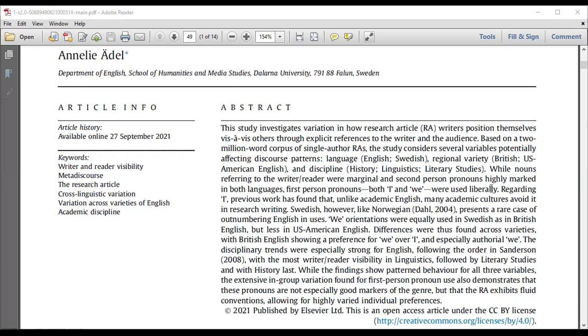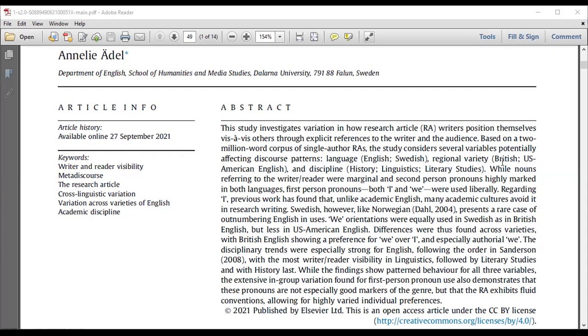Until regarding previous work, that unlike academic English, many academic cultures avoid it in research writing. Swedish. Here, you look at this. Based on a 2 million word corpus of single author articles, the study considers several variables potentially affecting discourse patterns.